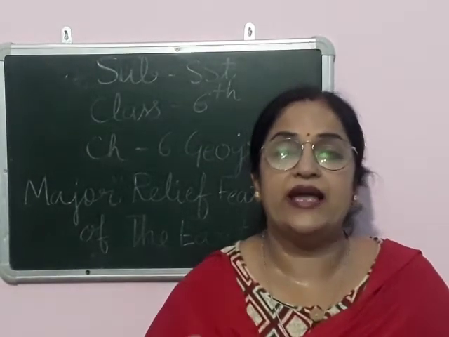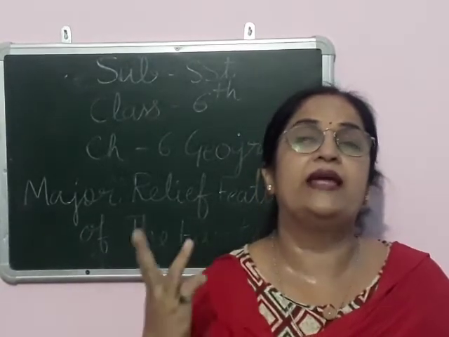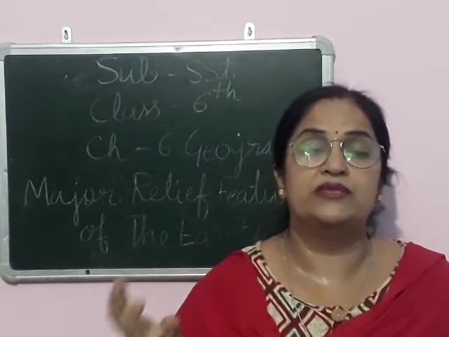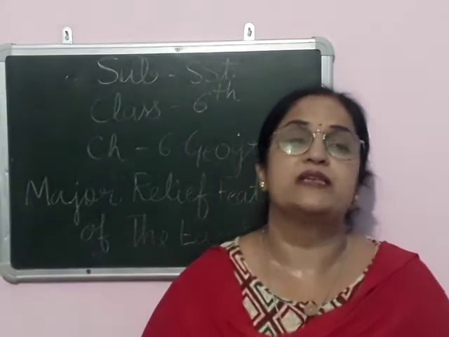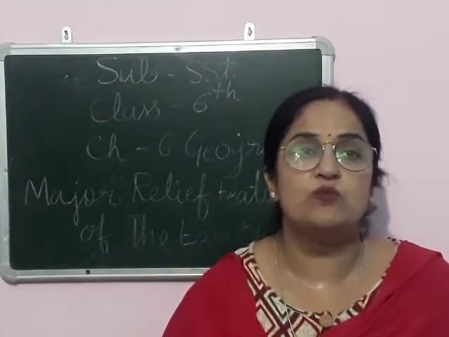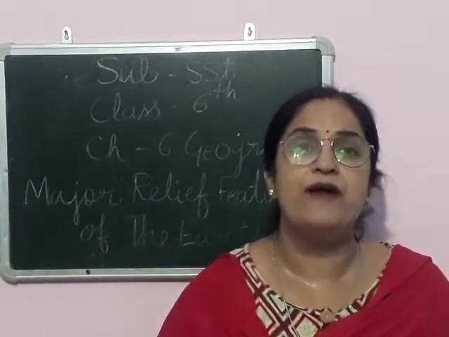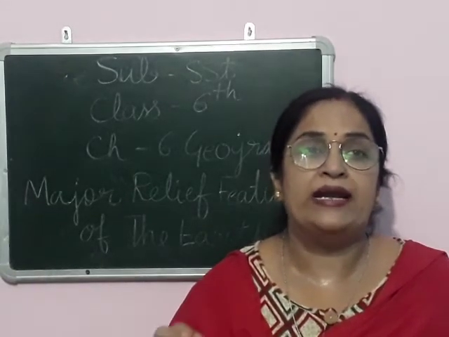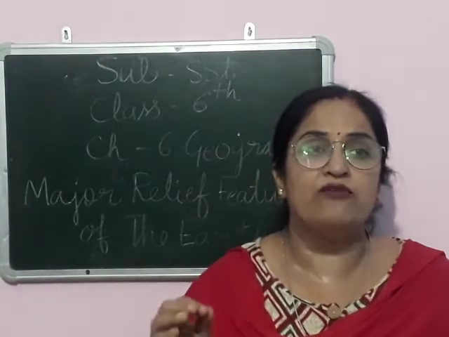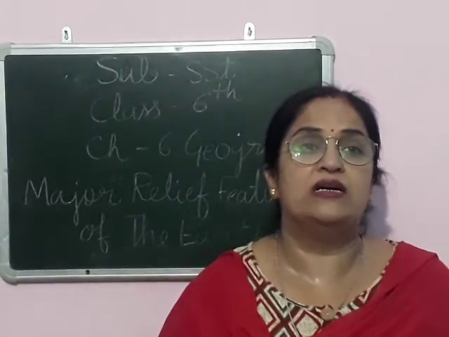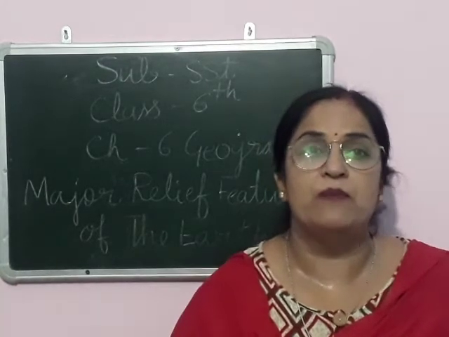Now another type of mountain is the volcanic mountain. Number three is volcanic mountain. When a volcano erupts, it throws out molten lava. This lava cools down and gets deposited around the volcano and forms a cone-shaped mountain.